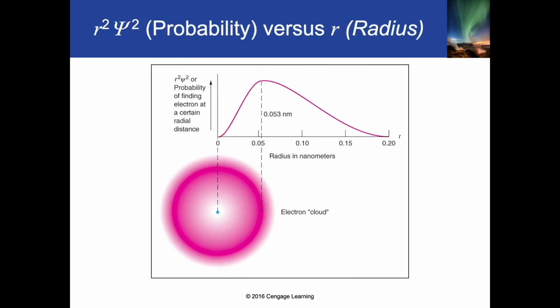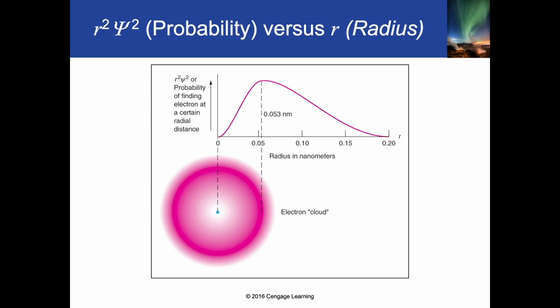So this is what they were talking about. This is the wave function that we were talking about. And it shows that the probability is highest for the location of an electron around hydrogen right around here, 0.053 nanometers, right?